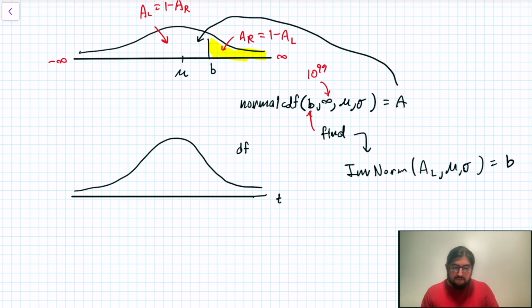Anyways, with the t-distribution, you have a mean and a standard deviation as well, but we're just going to assume the standard. In fact, with normal CDF, if the mean is 0 and the standard deviation is 1, then in the calculator you don't even need to type them in. If you just type in normal CDF from whatever to infinity, that'll give you the area assuming the mean is 0 and the standard deviation is 1.